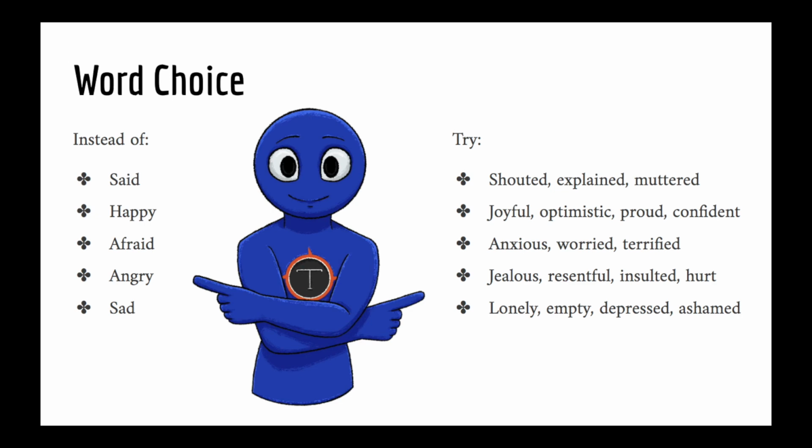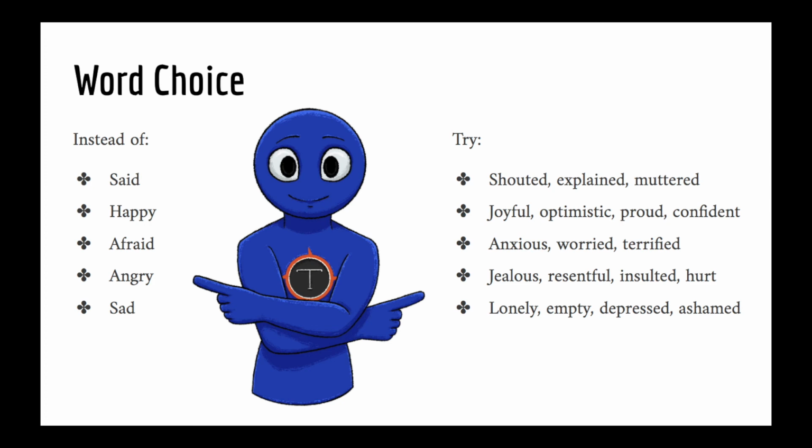Now, another common place that people use the same words too much is when describing emotions. You want to be as specific as possible when describing your character's emotions so that your reader can better understand them. So think about what they're feeling. Are they happy? Are they just happy? Or are they joyful, optimistic, proud, or confident? Are they afraid? Or are they anxious, worried, or terrified?